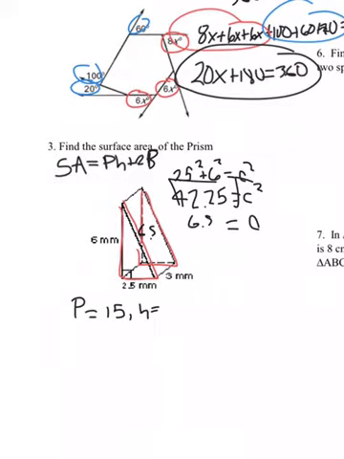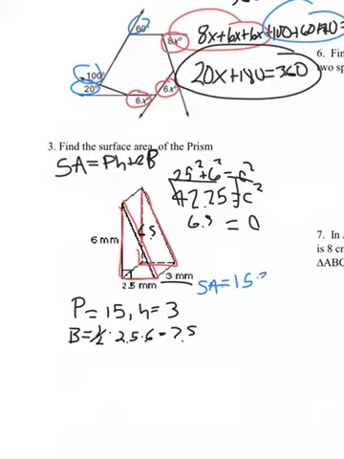The height of the prism now is the distance from one base to the other. And then for area of the base, you're going to do 1/2 times 2.5 times 6, and 1/2 times 2.5 times 6 is 7.5. So then you have all the numbers you need, and we can find the surface area from that.